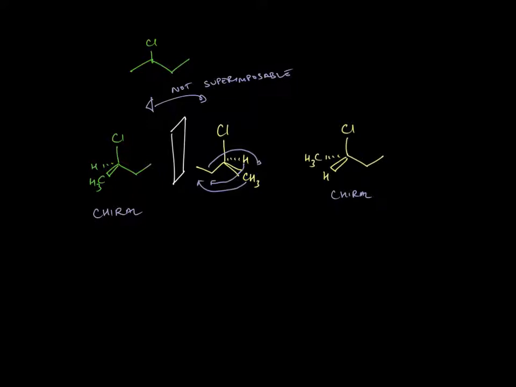And we'll talk more in class about the differences, and we'll see a little bit about this in lab as well. But what's really cool about these guys is that they're very similar. They're both 2-chlorobutane, but they have one strikingly different physical property, and that is that they're going to rotate light in an equal and opposite direction.